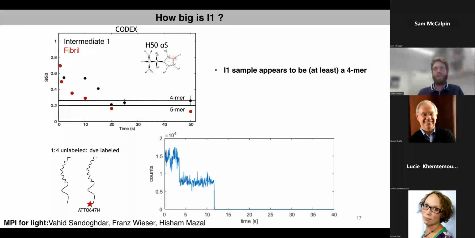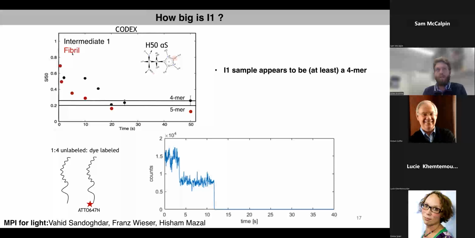So the next thing we tried was to use an NMR method called CODEX. This is something that Mei Hong has used before to determine the oligomer number. And essentially, our starting signal on the left will decrease to 1/4 if we have tetramers. And we do see a decrease roughly to 1/4.